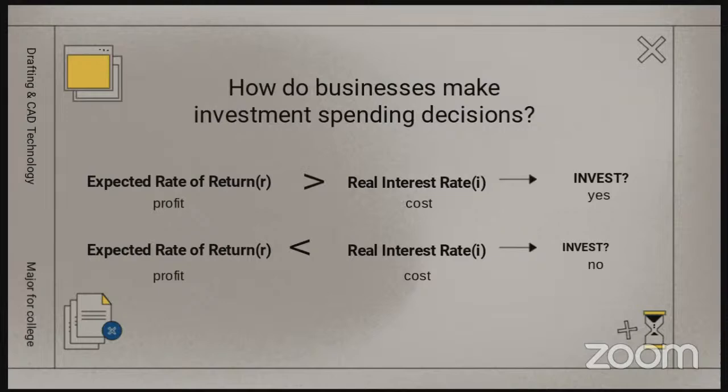So, in other words, we are comparing the profit, which is the expected rate of return, denoted as R here in the slide, with the cost, which is the real interest rate, keeping in mind that the real interest rate is the nominal interest rate adjusted for inflation, which is denoted as I.